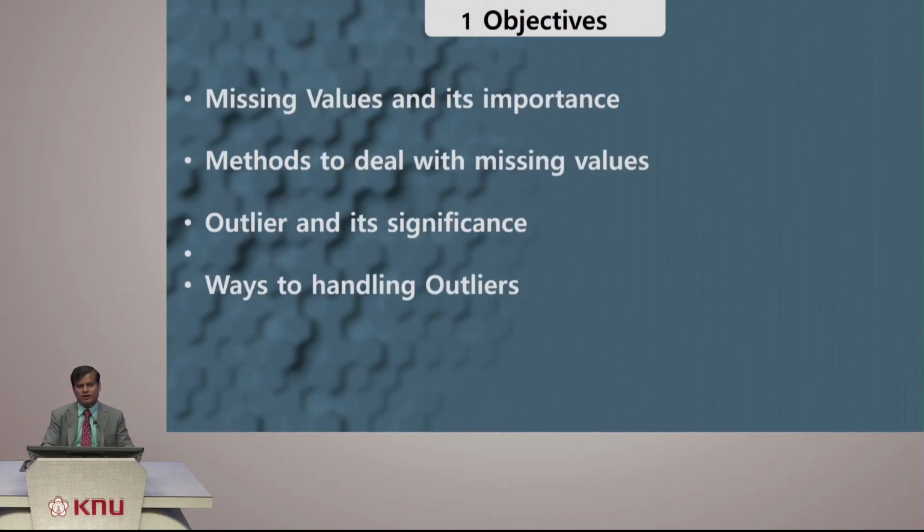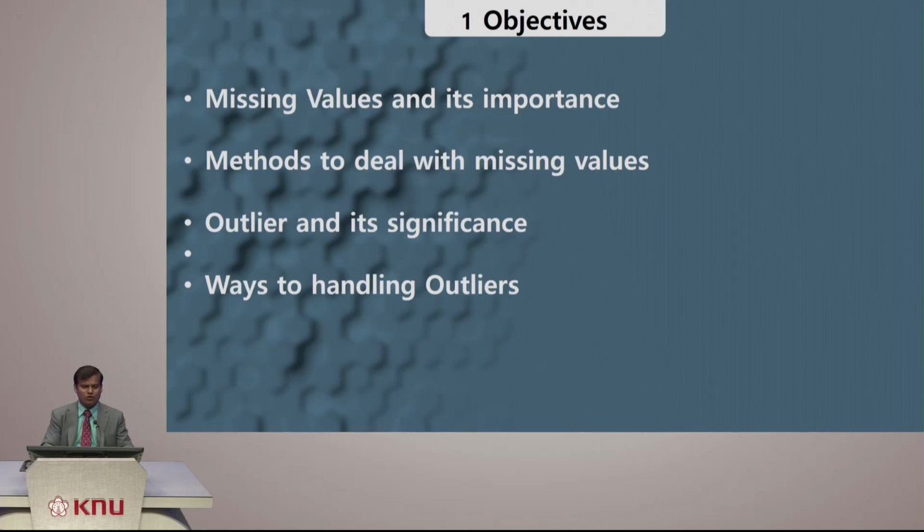Our objective for today's class is missing values and their importance. Why is missing data important for us? Why do we have to care about it? We are going to deal with different types and methods of how we can handle those missing data.